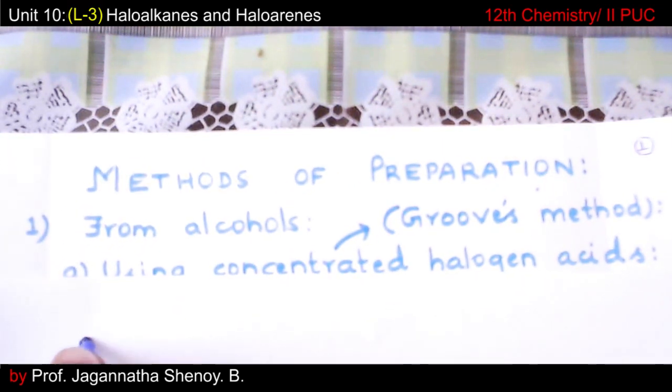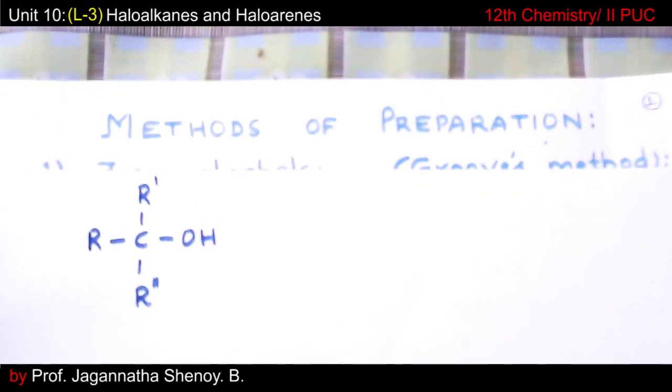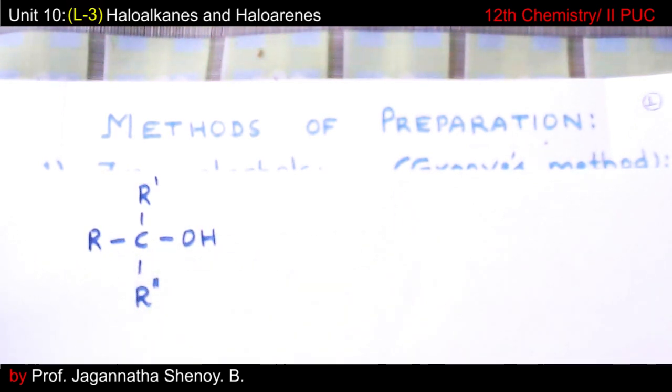When I say tertiary alcohol, I have this. This is a tertiary alcohol. So in this case, you have three alkyl groups on the carbon atom carrying OH group. We know that these alkyl groups are plus I groups or electron releasing inductive groups.